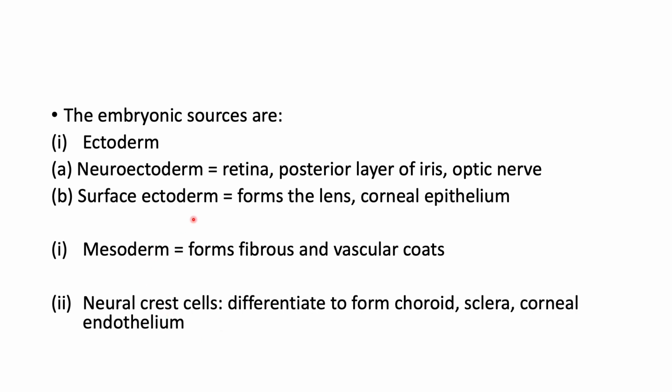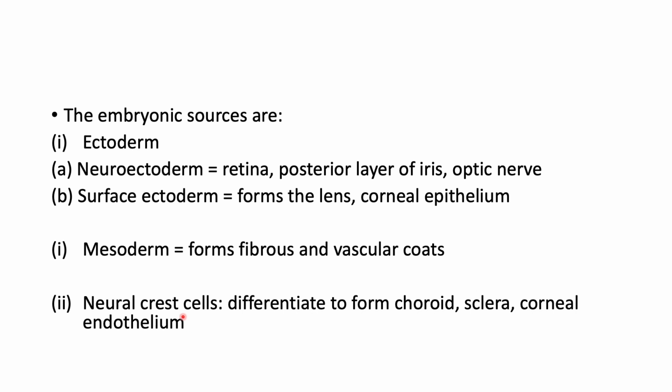The surface ectoderm forms the lens and the corneal epithelium. Note that this is epithelium, corneal epithelium, because you also have corneal endothelium. The mesoderm forms the fibrous and vascular coats. Then the neural crest cells will differentiate to form the choroid, sclera, and then the corneal endothelium. So that is what I was alluding to earlier.